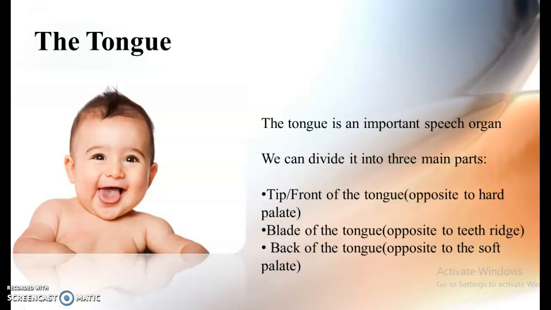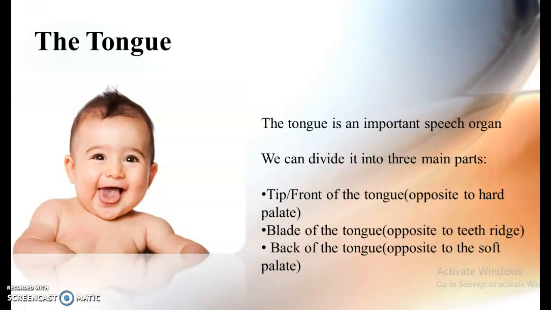After that, you have the blade of the tongue. Now, further, you can divide the tongue into the front, the middle, and the back part. The tip and the blade of the tongue together is known as the apex of the tongue.